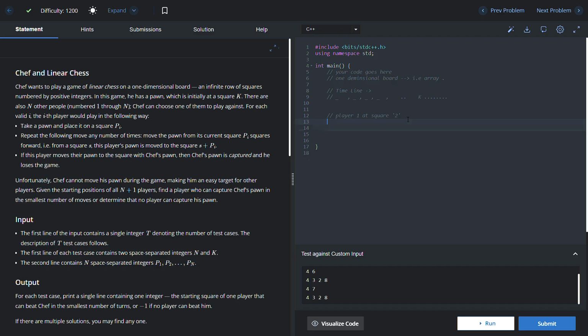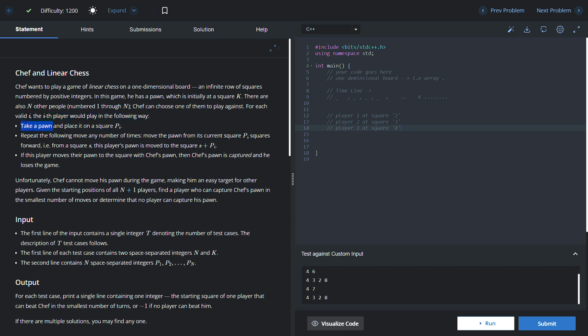After that we have one more player, player 2 at square 3. Now we have one more player, player 3 at square 4. That's it. Now, for each valid i, the ith player would play the following way.